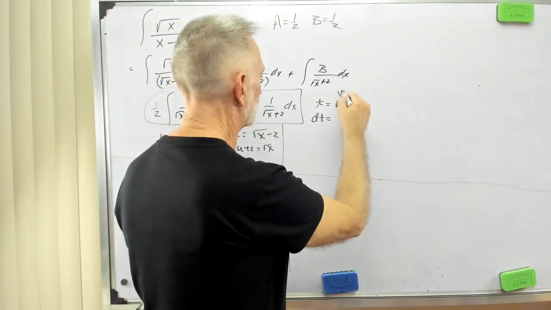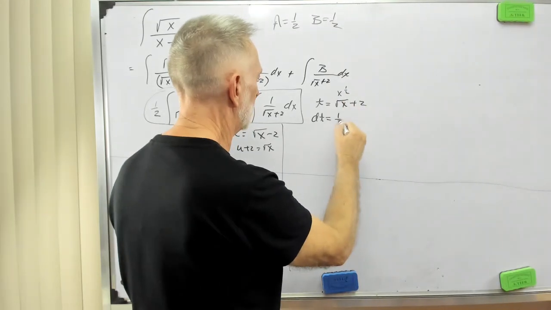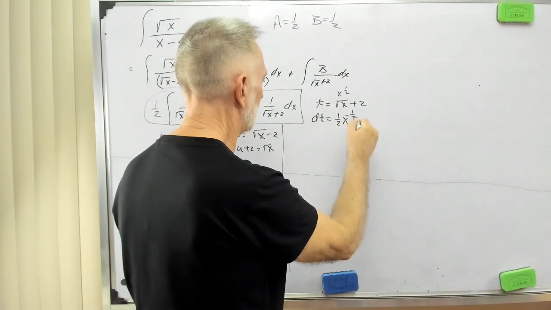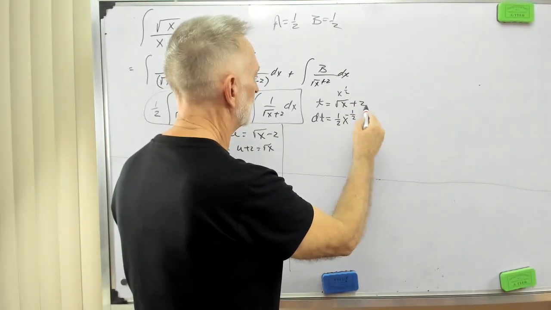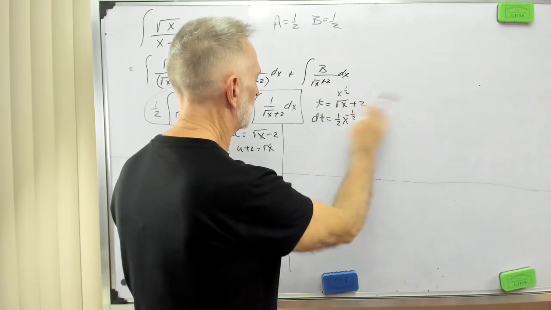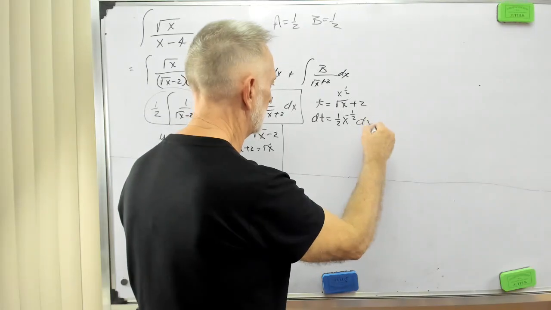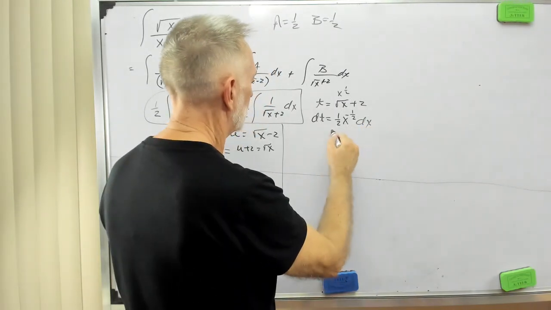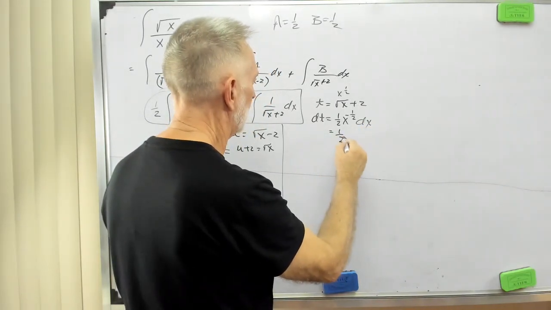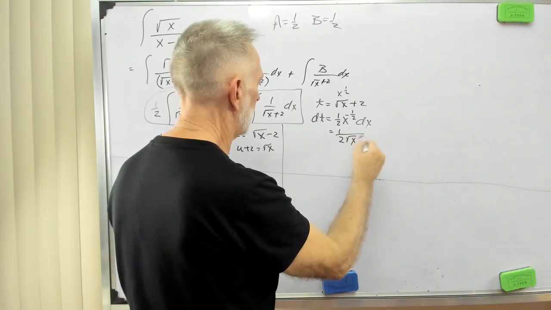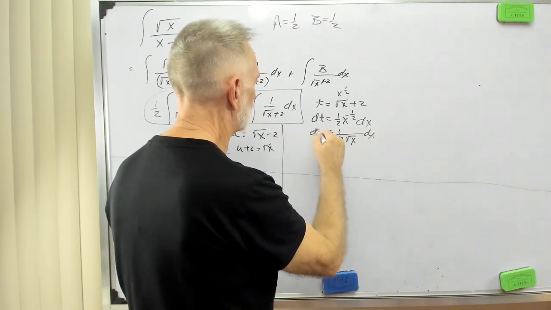So that's x to the 1/2, right? So it's 1/2 x to the -1/2. And the derivative of the constant is 0. Now the chain rule says go back, take the derivative of what's on the inside. That's dx. So that's 1/2, or 1 over square root x dx equals dt.